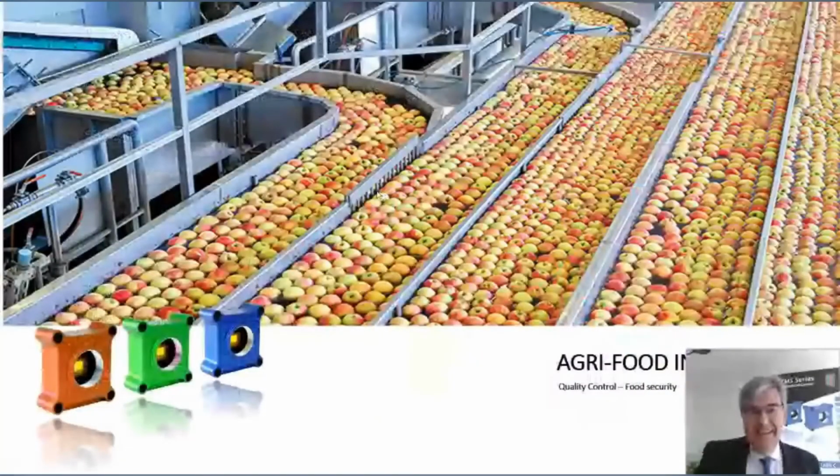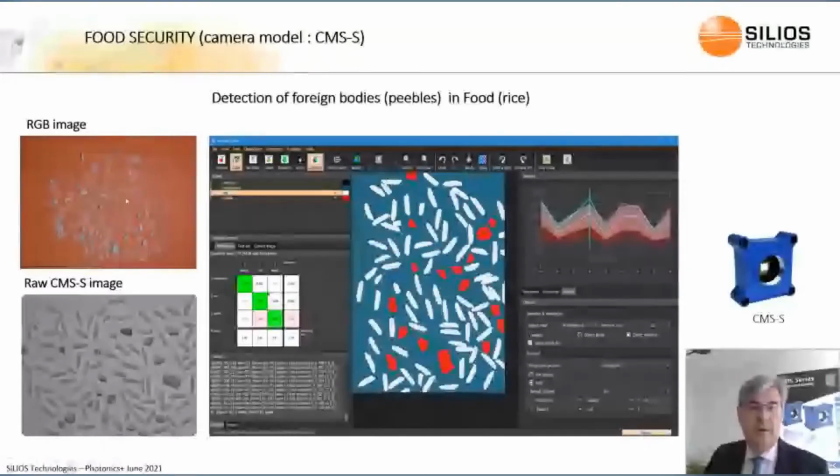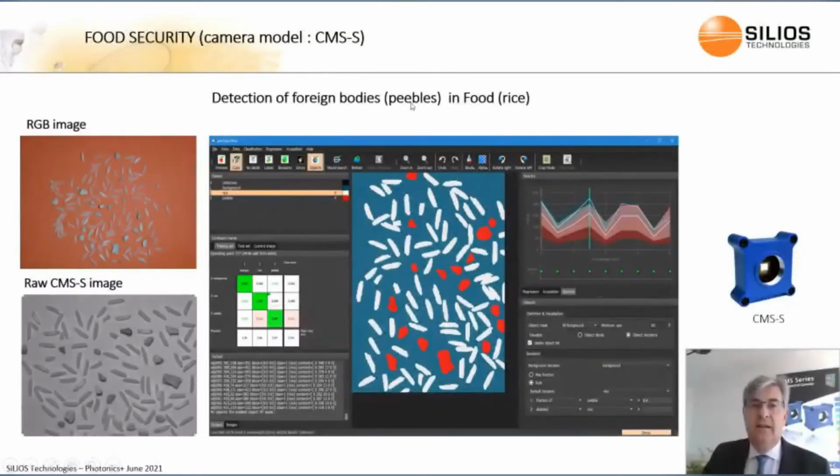The agrifood industry. With this, we also made some tests on agrifood. So, for instance, here it's on rice to find some small stones. Here it's not anymore the CMS-V, but the CMS-S. Here you see the RGB image.